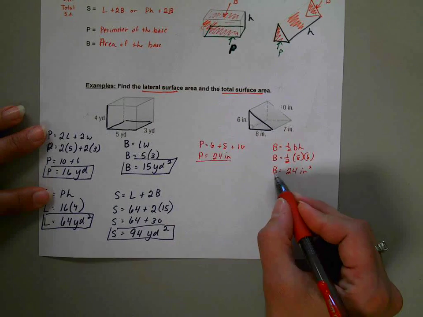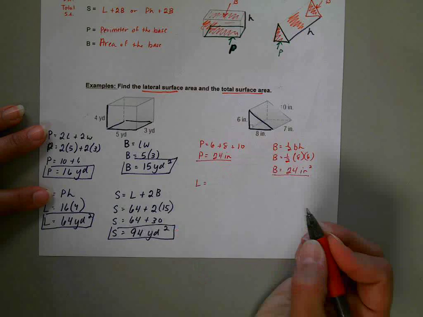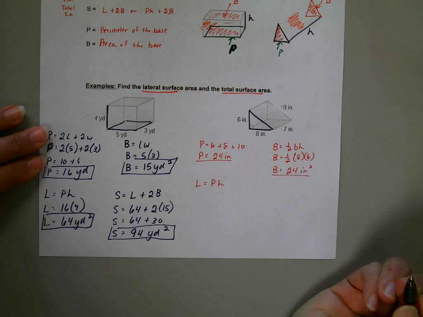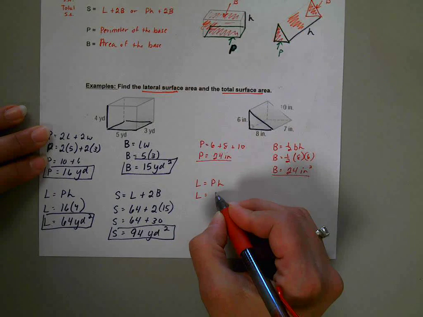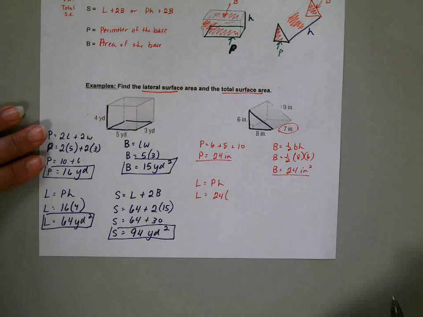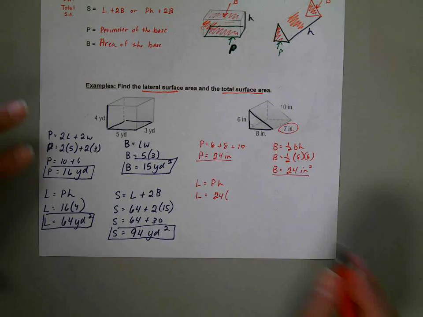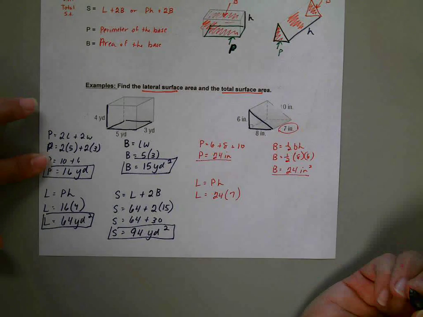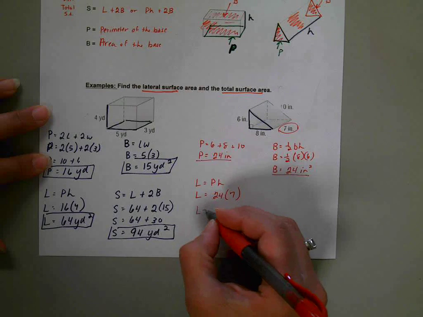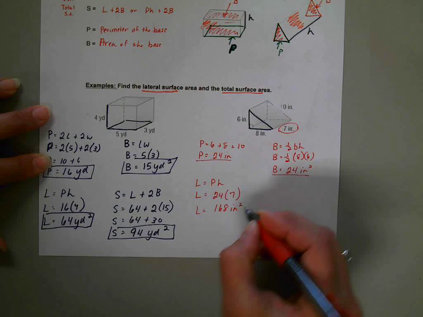So I found my perimeter. I found the area of my base. Now I'm going to find lateral, which is perimeter times height. My perimeter was 24, and my height is going to be 7 because it's the height of the prism, not the height of the triangle, the height of the prism. So 24 times 7. So my lateral surface area is 168 square inches.